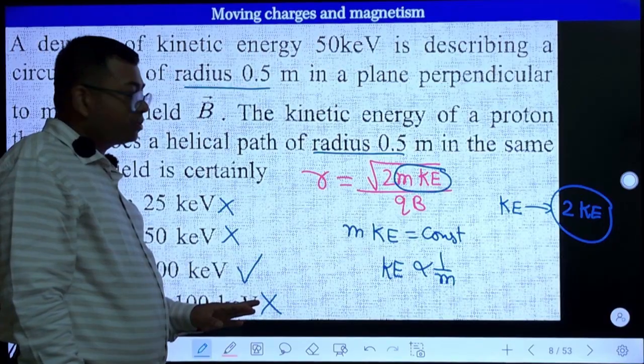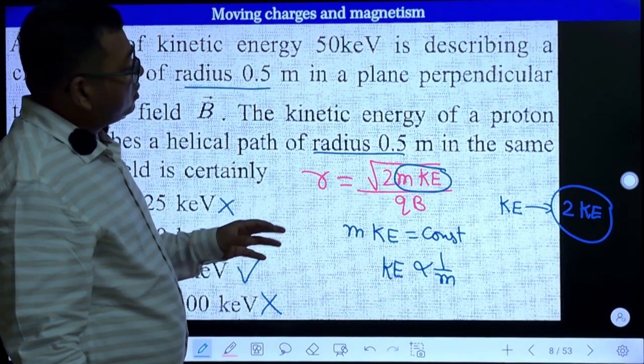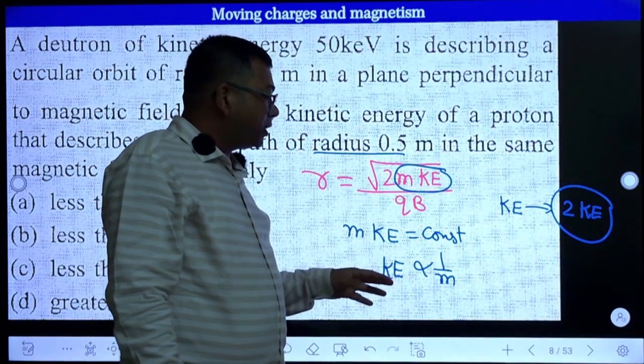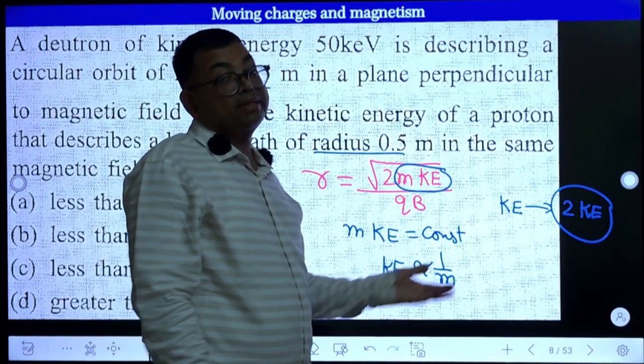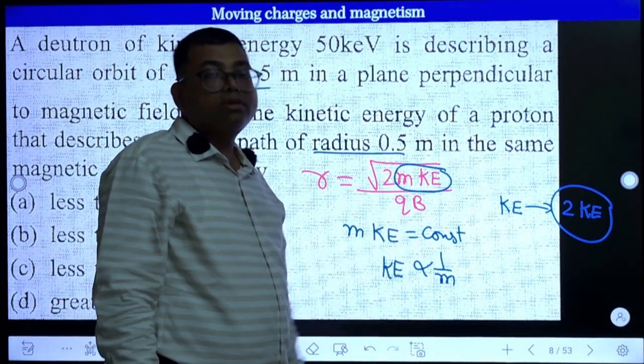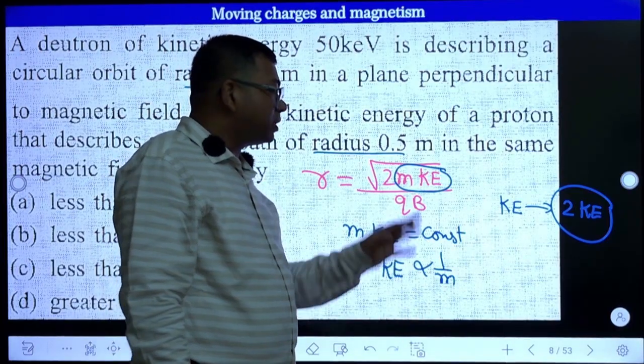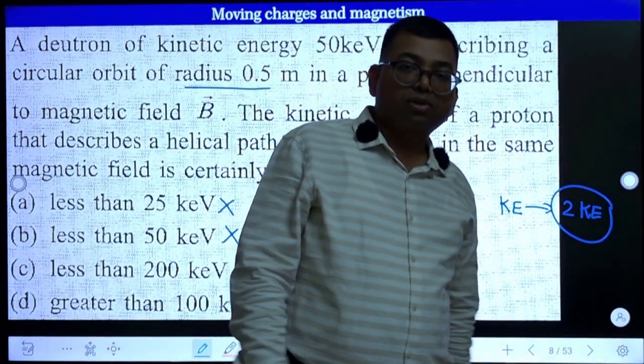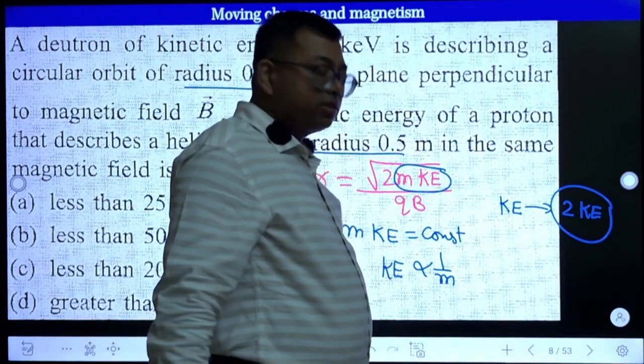Suppose you have this data, then you can compare. It may not come exactly to 2, but it will come near to 2. You can check the exact value in atomic mass units, but I think we can take it as double for most calculations, right? So let us move to the next question.